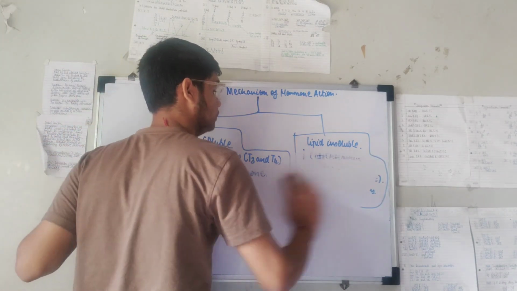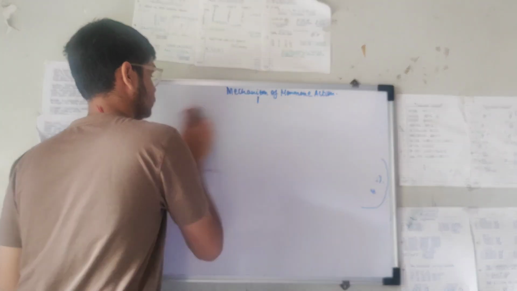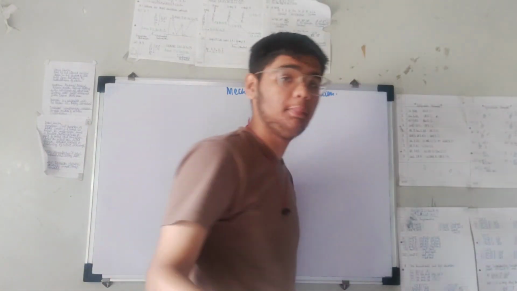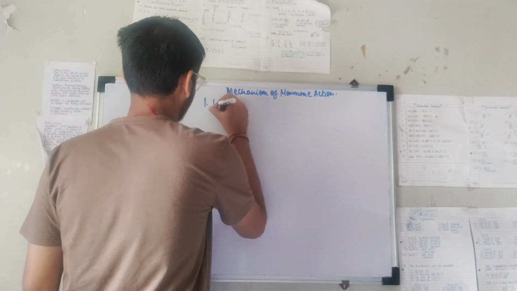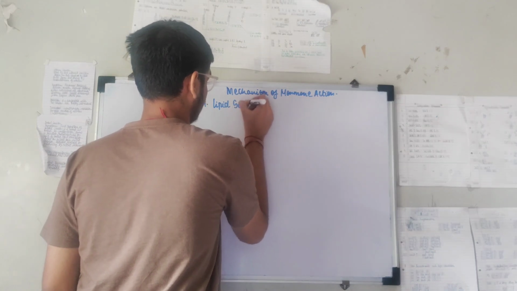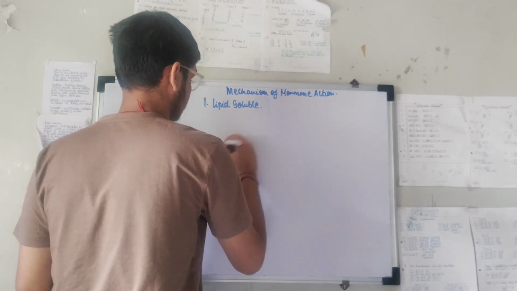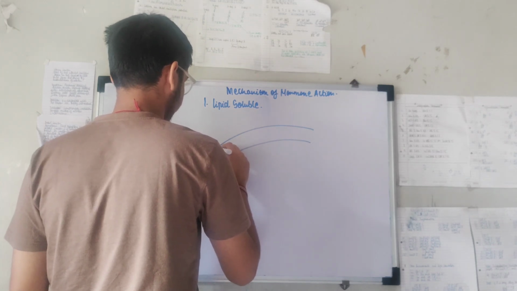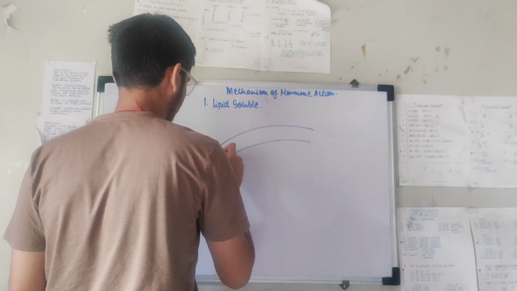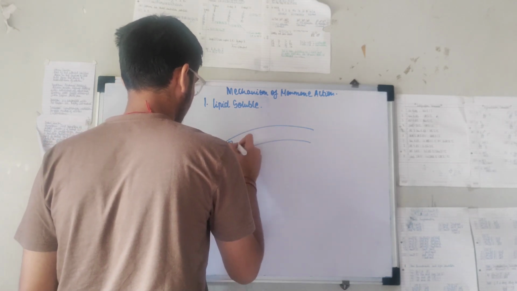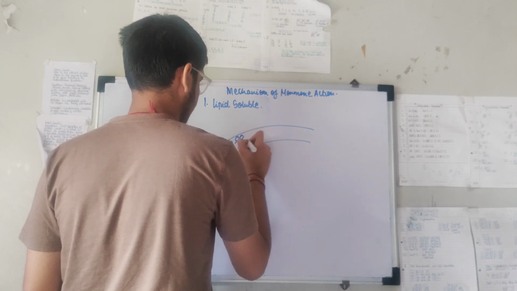Now I'm rubbing it out. First, our concern is about lipid soluble. First I am writing lipid soluble. So this is the plasma membrane which I am making, the phospholipid bilayer. As in the cell chapter we have studied, it is a bilayer.